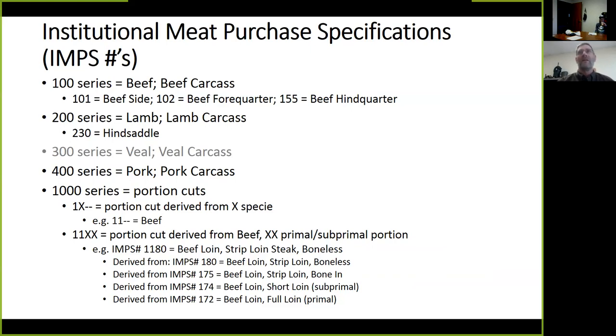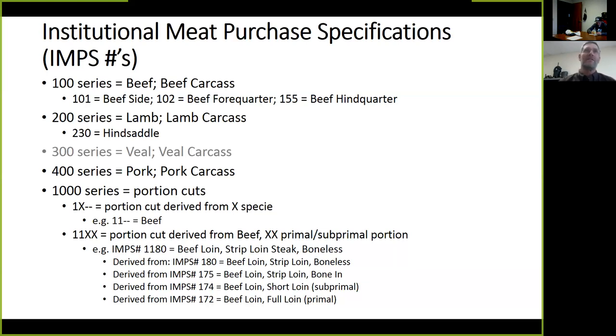For instance, any number in the 100 series, whether it's 101 or 189, is beef. So if you're taking notes, write that down: 100, beef. For instance, 101 is a beef side, whereas 100 is a beef carcass, and 102 is a beef forequarter.